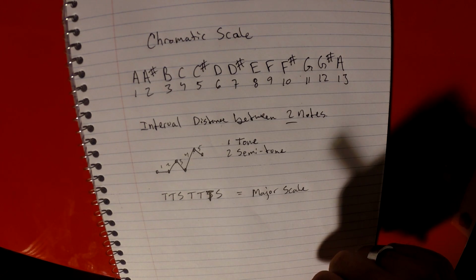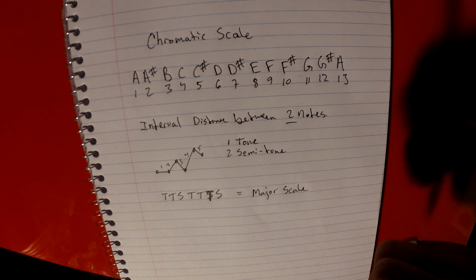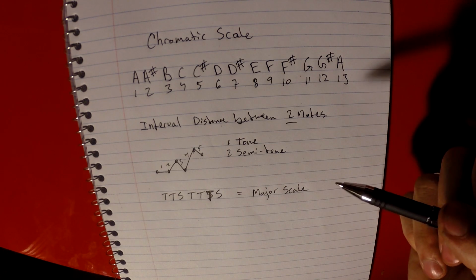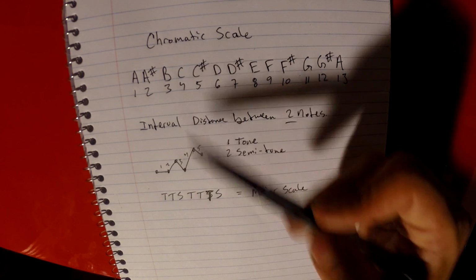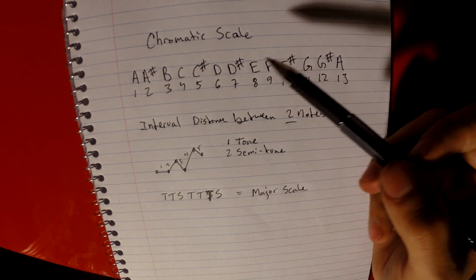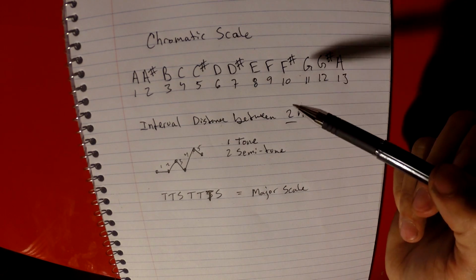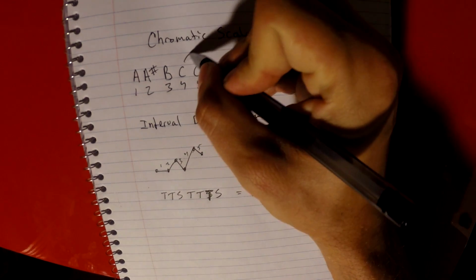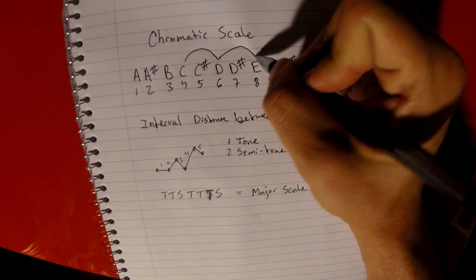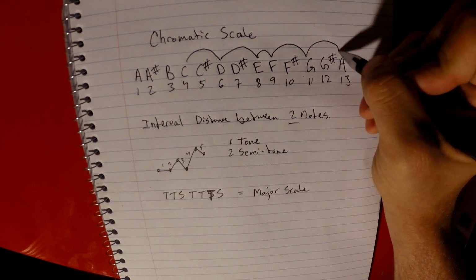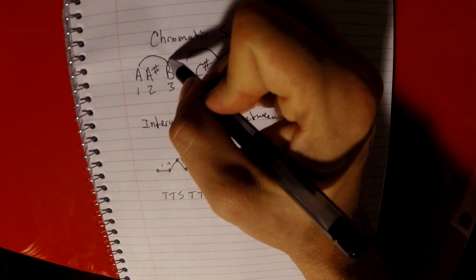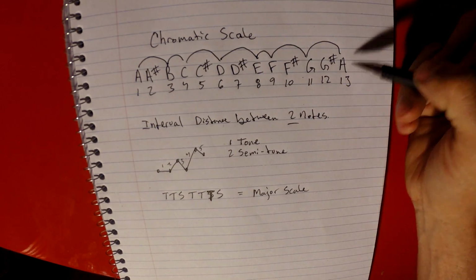So if we were to, for example, take the scale of C major, we would apply the formula starting at C: tone, tone, semitone, tone, tone, tone, semitone, and we would get the C major scale. So for example, C to D, D to E, E to F, F to G, G to A, A to B, and B to C, because this is the same pitch.